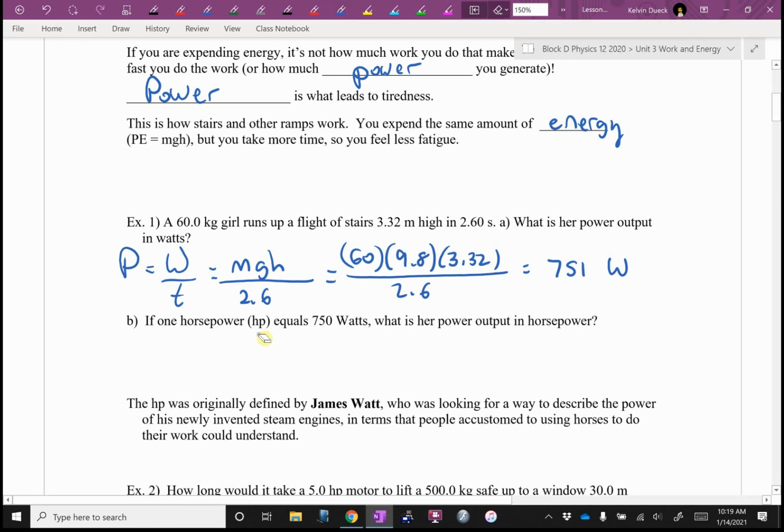Okay? The imperial unit for power is horsepower. If 1 horsepower equals 750 watts, what's her power output in horsepower? Almost exactly 1 horsepower. Most of you can put out a little more than 1 horsepower for a fairly extended time.